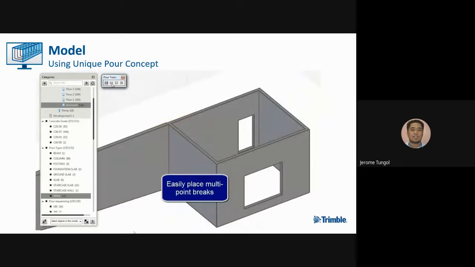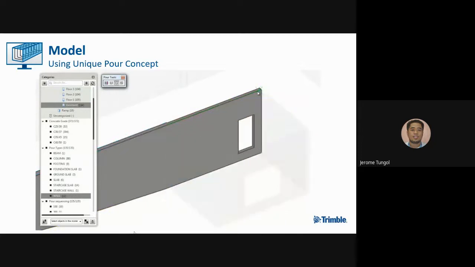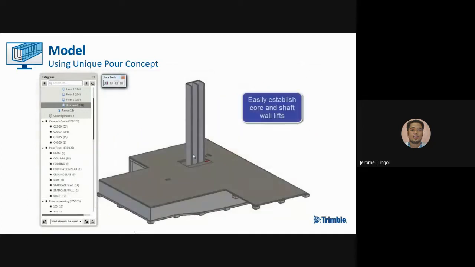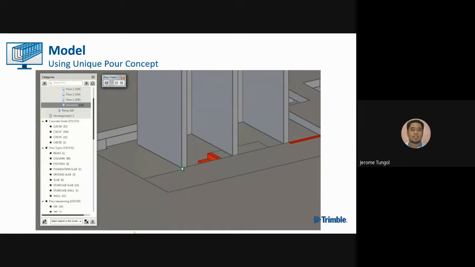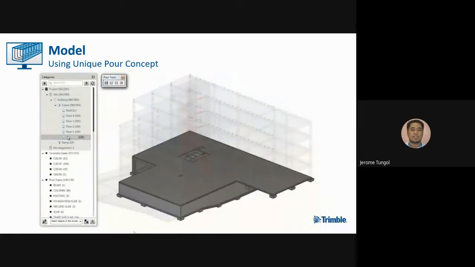You can easily place multiple point breaks and easily establish core and shaft wall sleeves. So as you can see, pour breaks follow the shape of the concrete part, so you don't need to trace that alone.